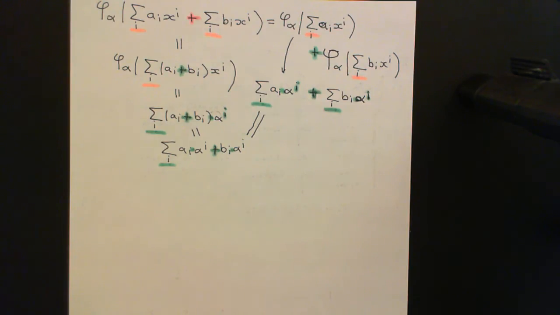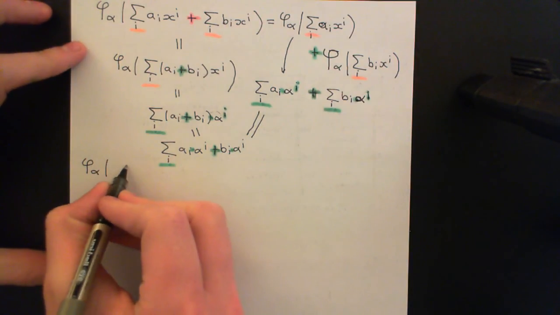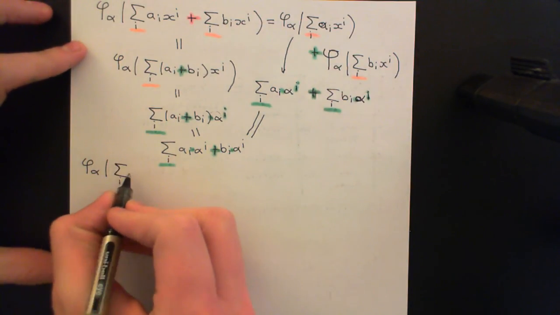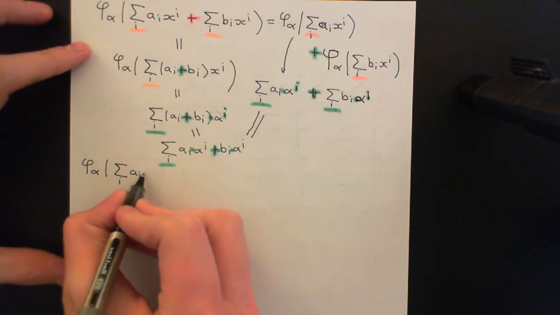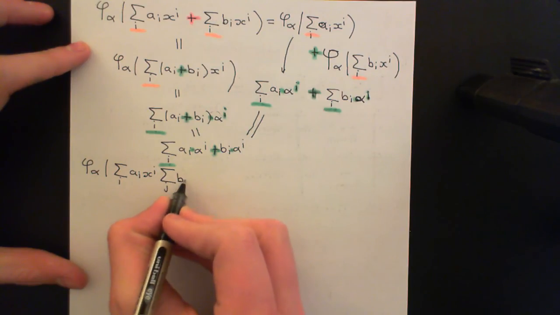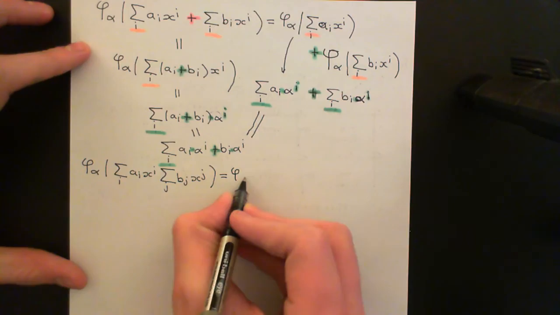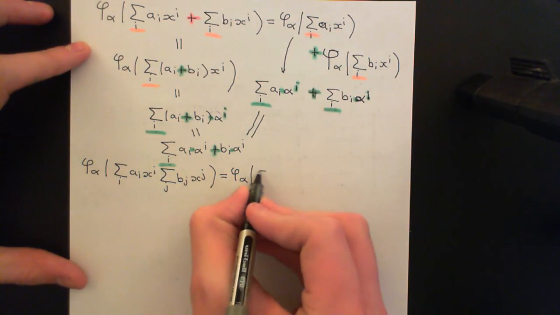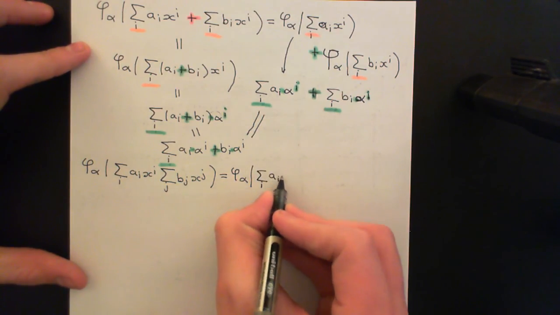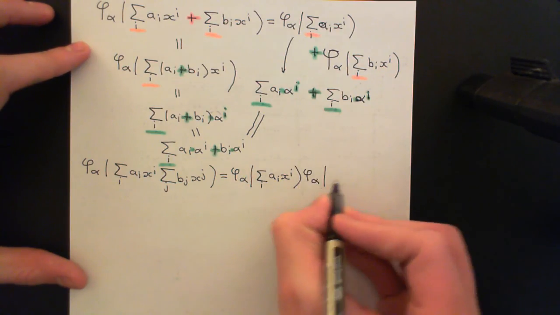Now let's turn our attention onto the second homomorphism criterion, the compatibility of multiplication. What we now want to prove is that if we take phi sub alpha of two polynomials multiplied together, so let's have a polynomial, the sum over i of a_i x to the i, and then another polynomial, the sum over j of b_j x to the j, we want to prove that this is equal to phi sub alpha of the first polynomial multiplied by phi sub alpha of the second polynomial.